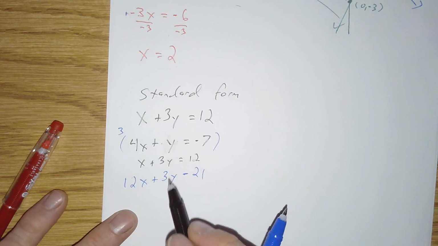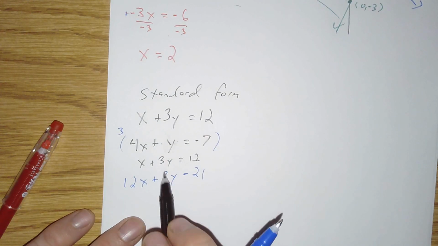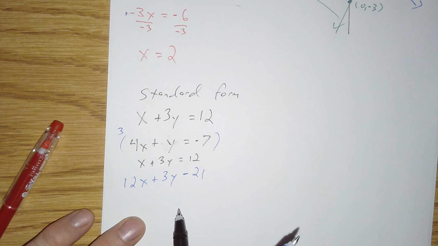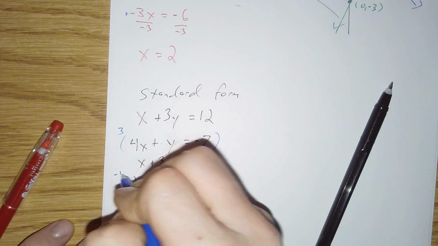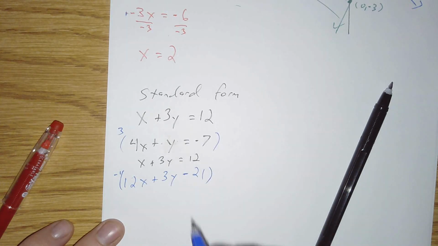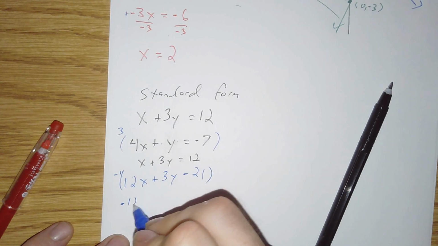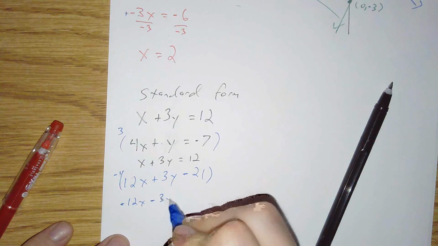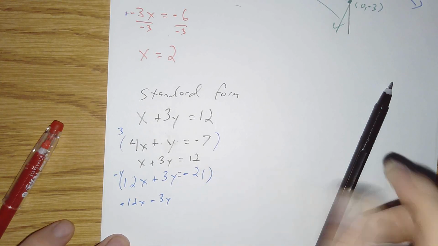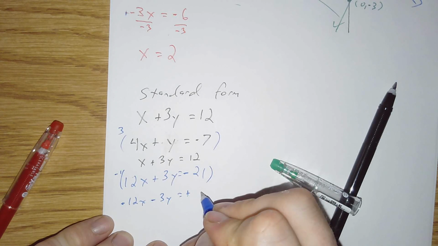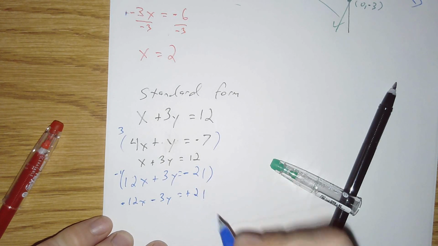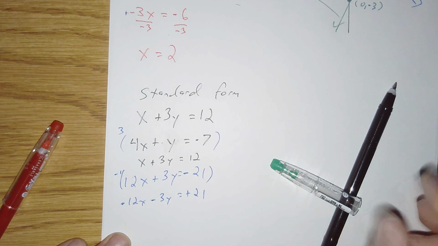So these are now the same. They need to be the same coefficient, but opposite. So I need to make it opposite by multiplying everything by -1. So it's going to be negative 12x minus 3y equals positive 21.